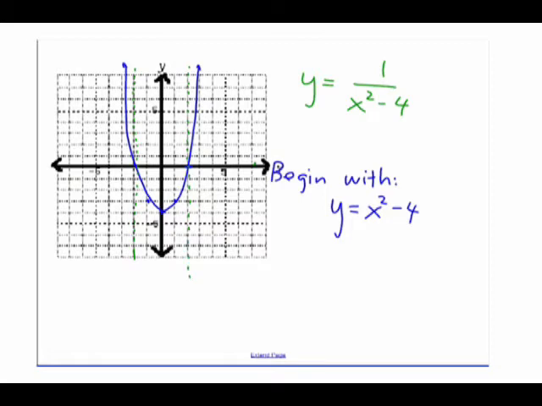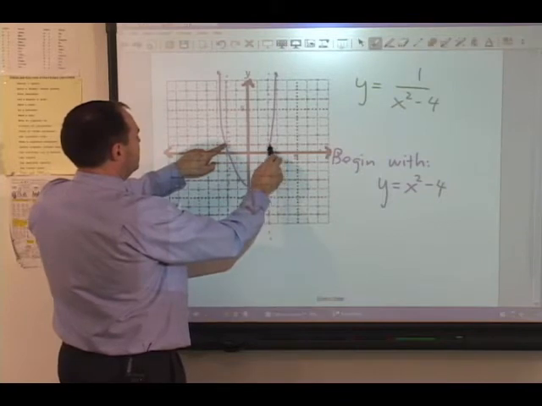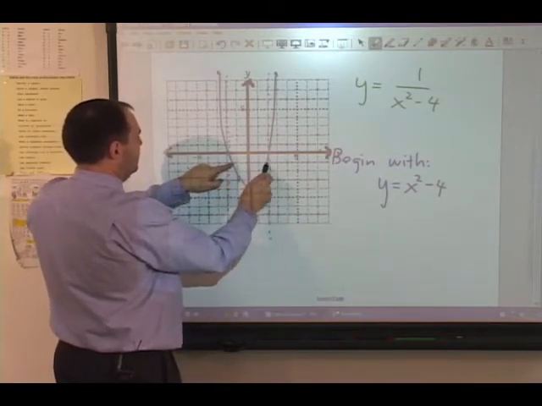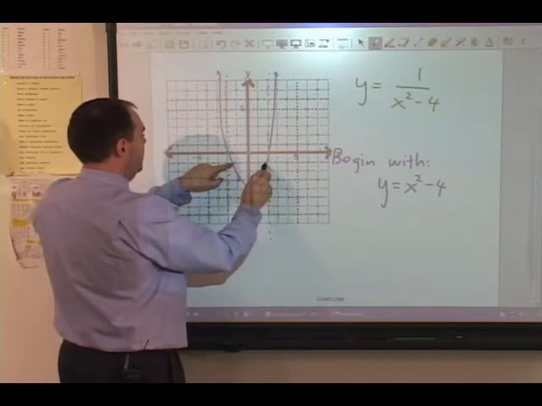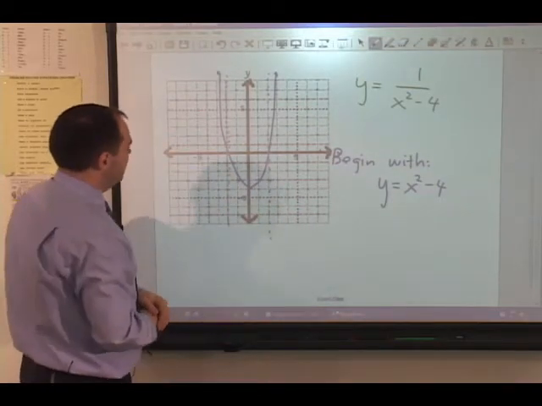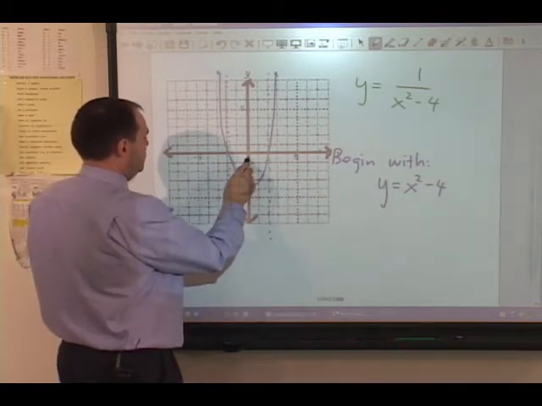We have also noticed in previous examples that any points with y values of 1 remain the same, and y values of negative 1, these 2 points here, will remain the same, because when you take the reciprocal of 1 or negative 1, you have the same value. Let's take some other points. A y value of negative 4 is a y value of negative a quarter.